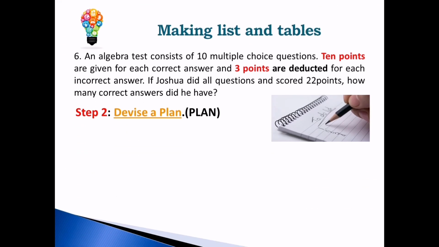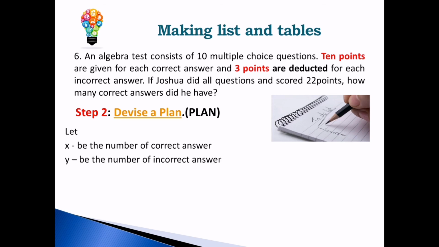Okay, let us devise a plan. Since making a list and table is part of the strategy to solve this problem, we're going to let x be the number of correct answers and y be the number of incorrect answers.